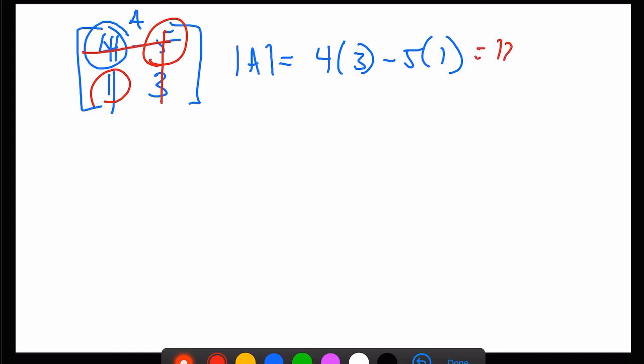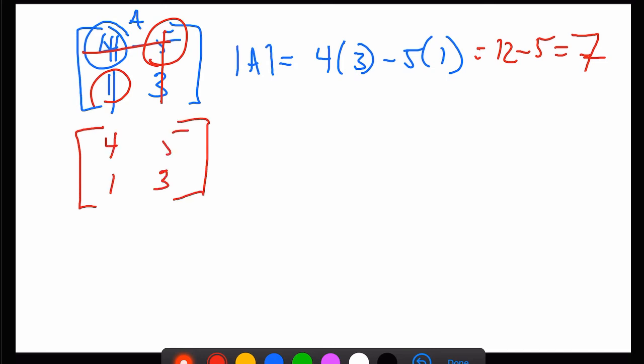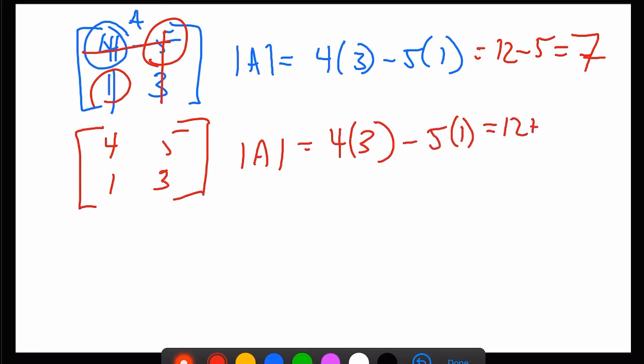Multiply that out is 12 minus 5 equals 7. Okay? 4, 5, 1, 3. If that's A, it's 4 times 3 minus 5 times 1.